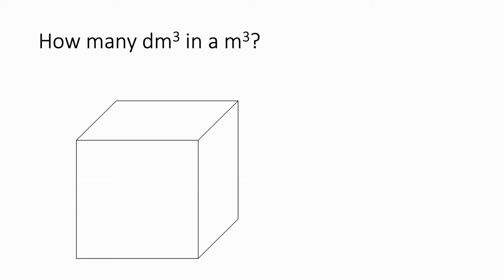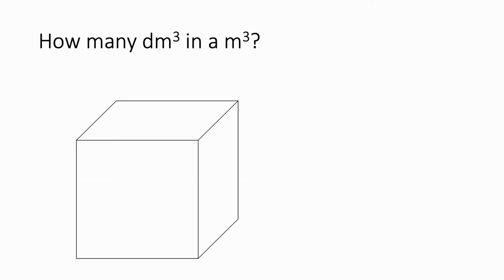So let's ask ourselves now, how many decimeters cubed are there in a meter cubed? So how can we think about this? Well, let's just imagine taking little cubes that are 1 decimeter on each side and seeing how many we can fit inside our big cube that is a meter cubed in volume.